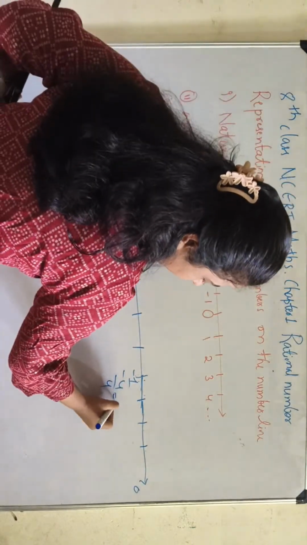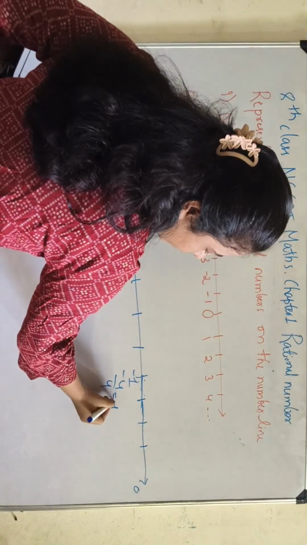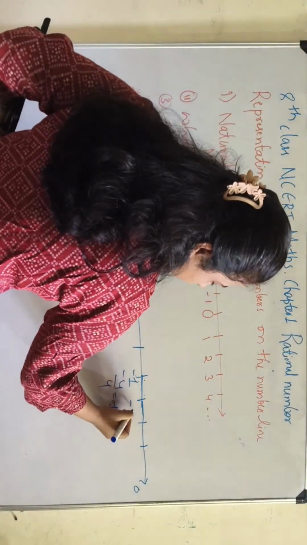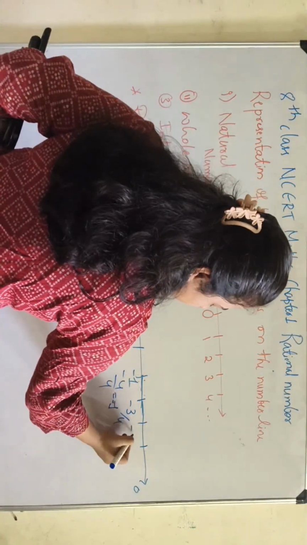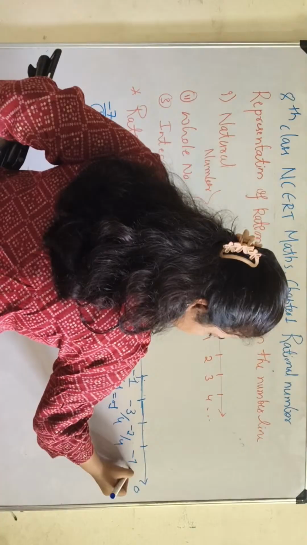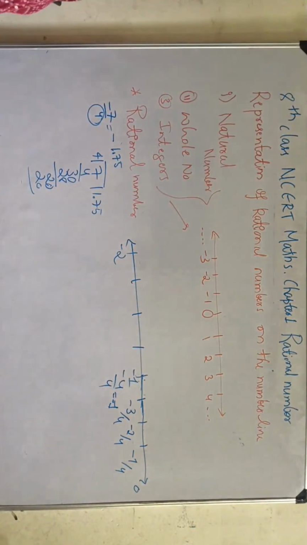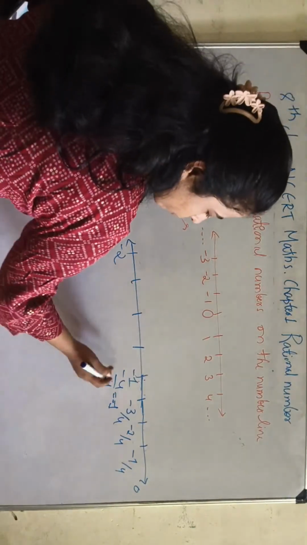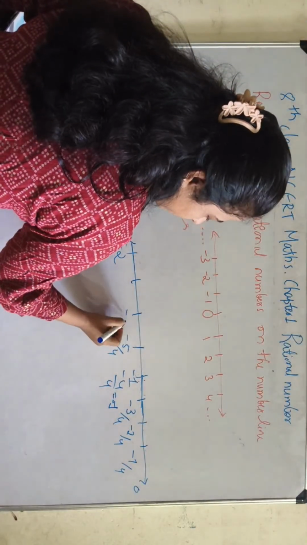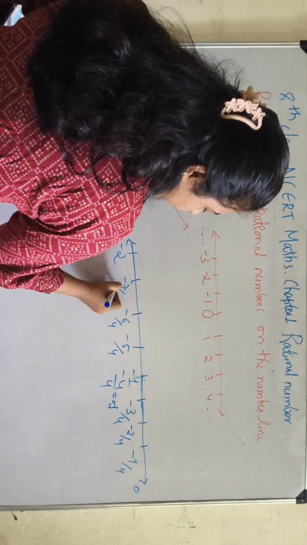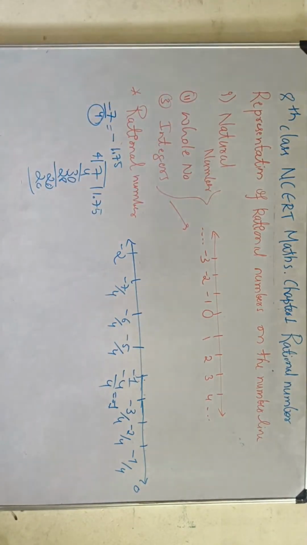Then only it is minus 1. Then this is minus 3 by 4, minus 2 by 4, minus 1 by 4. You got the point? Then it is minus 4 by 4, minus 5 by 4, minus 6 by 4, minus 7 by 4.